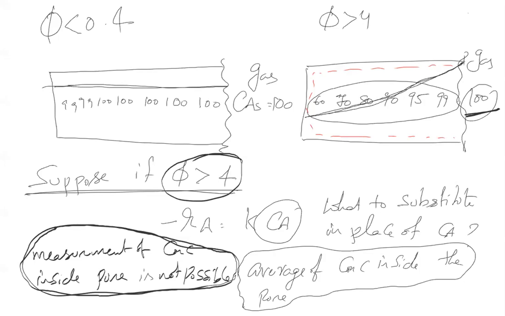Imagine your catalyst is under strong pore diffusion and I have to design a reactor. Ideally I should use the concentration inside the pore, but I can't measure it. Then what do you do?